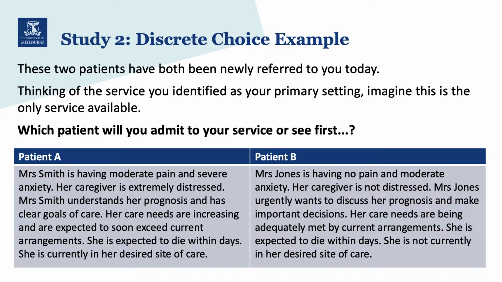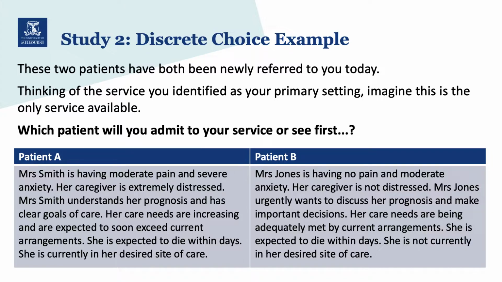So when we distill the cases down to just those triage factors, you can see the complexities of the decisions. And this decision, Mrs. Smith versus Mrs. Jones, is quite challenging. They both have pressing needs, but they're quite different.